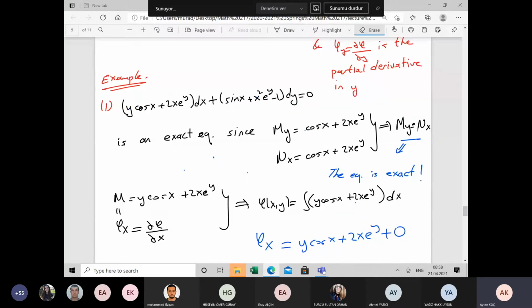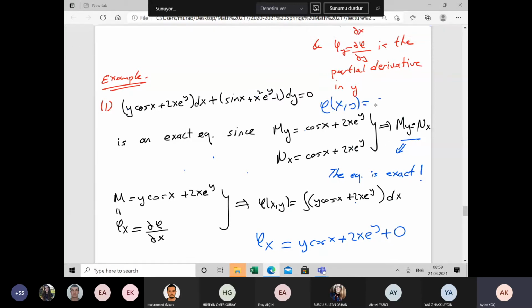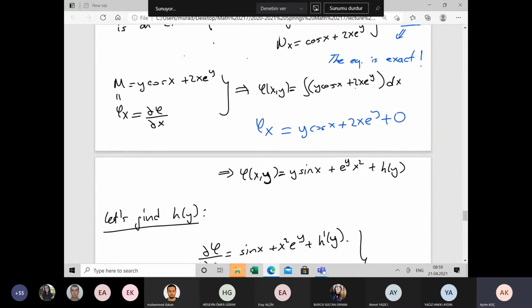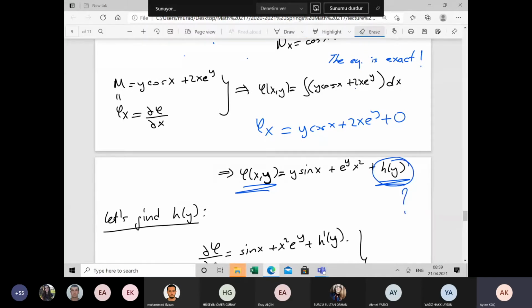This one is exact, so our implicit solution is phi(x,y) = c. Our aim is to get phi(x,y), but here phi depends on h of y. The next step is to find h of y. What is this function?